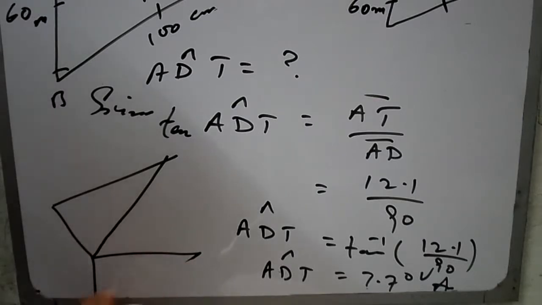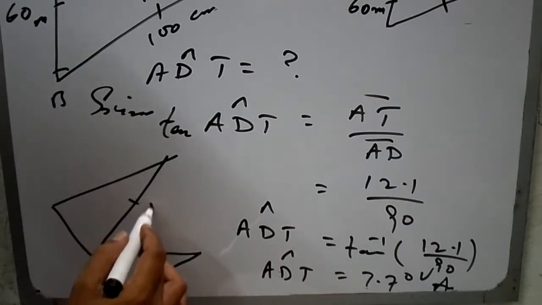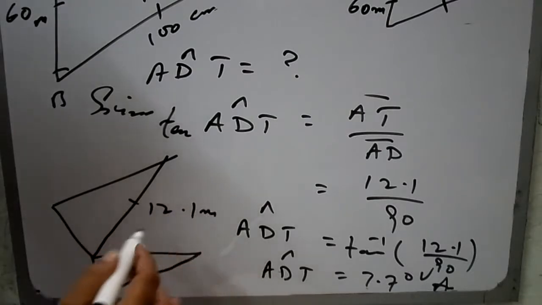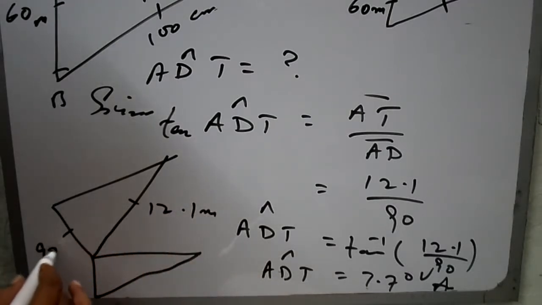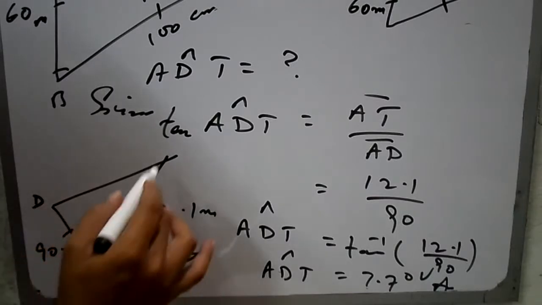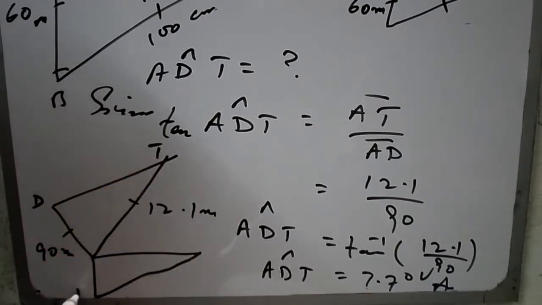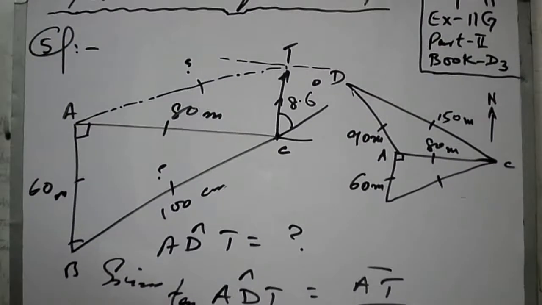So for example you see here like this, that is your 12.1 meter, that is your 90 meters, your D, T, B, A, and C. So we have completed our question number 5, because it's a very lengthy question.